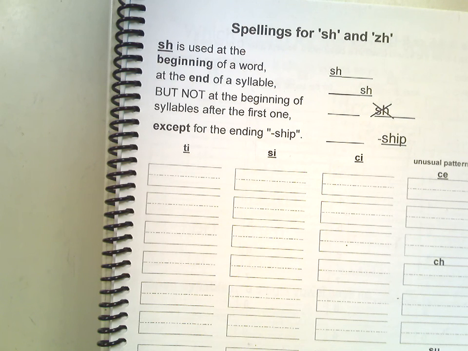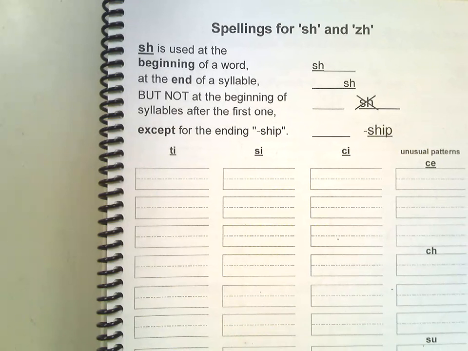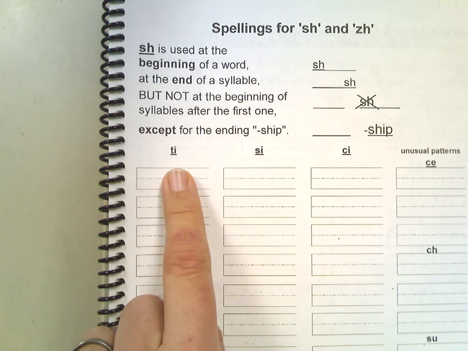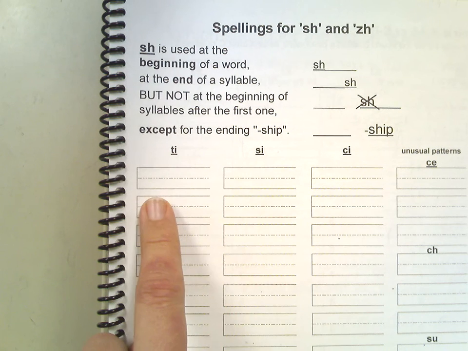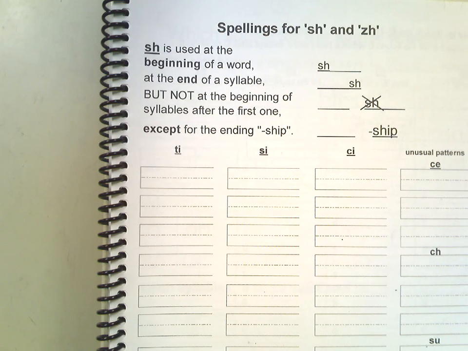For action, class, what is it? I should have asked you first how we say action to spell it. Good. We say action, and which sh do we use in action? Good, we use our tall letter sh. So on that first line, we're going to write action. What's the first syllable? Good, ac. And the second syllable?